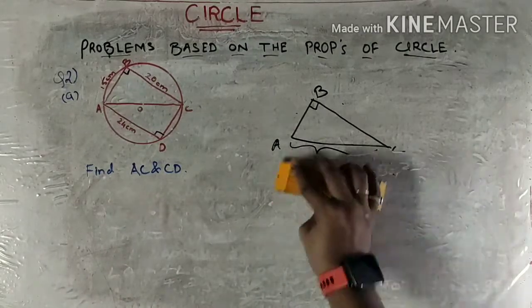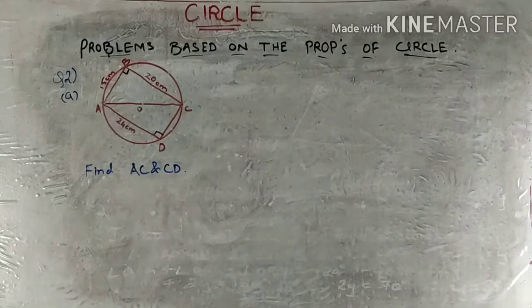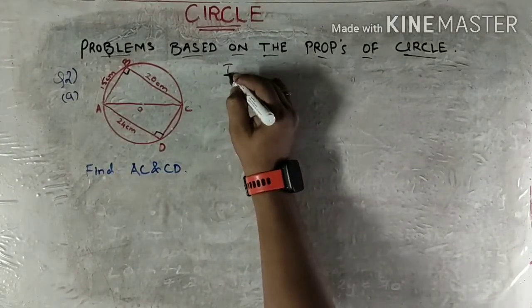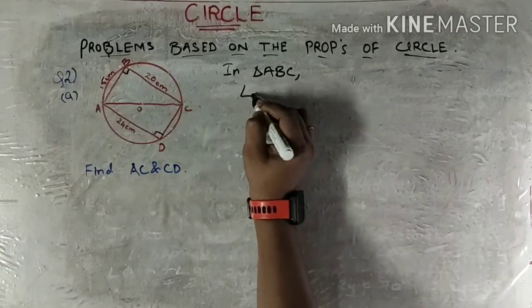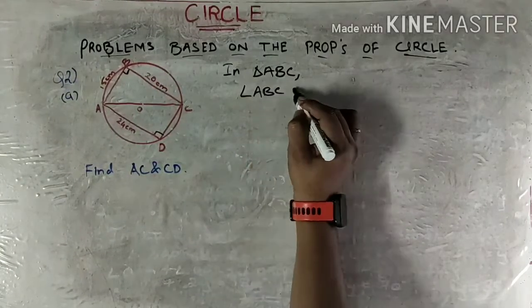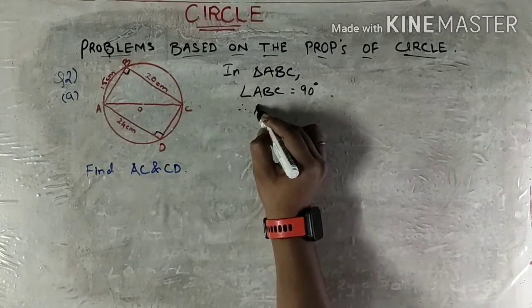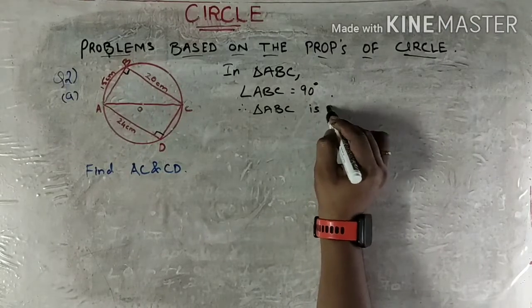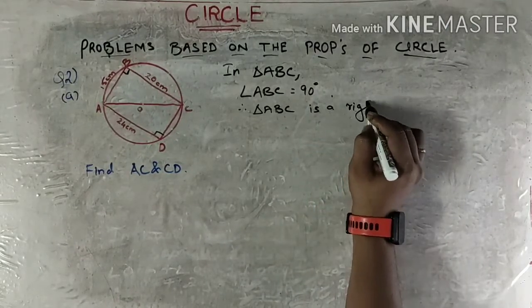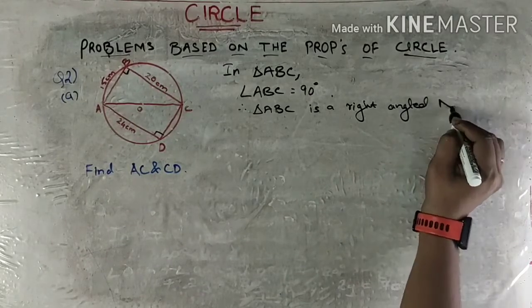Let's start with the first triangle, triangle ABC. Angle ABC is equal to 90 degrees. Therefore, triangle ABC is a right angled triangle.